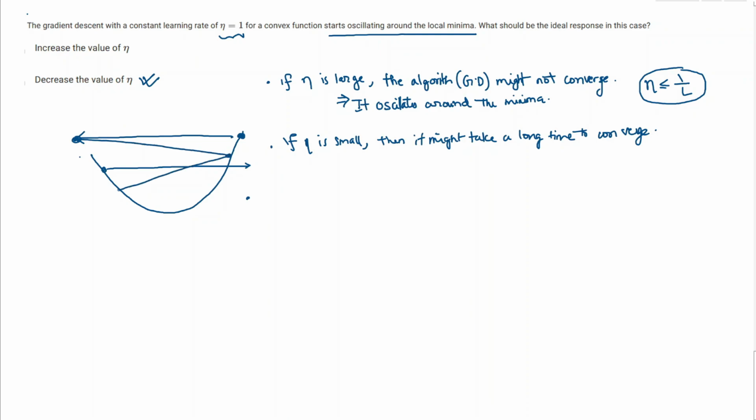So essentially what happens is that instead of converging, it keeps on oscillating around the local minima instead of actually going down. Whereas if eta is small, then the steps are small, so it will move slowly towards the minima. This is a pictorial representation of why this might work.